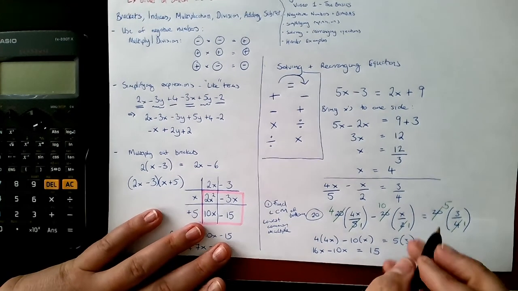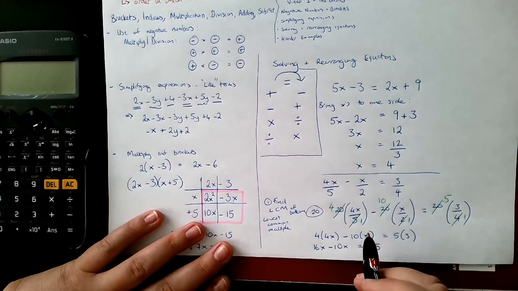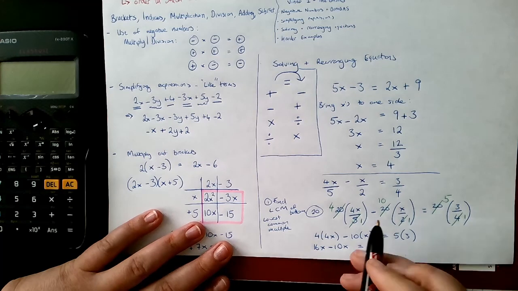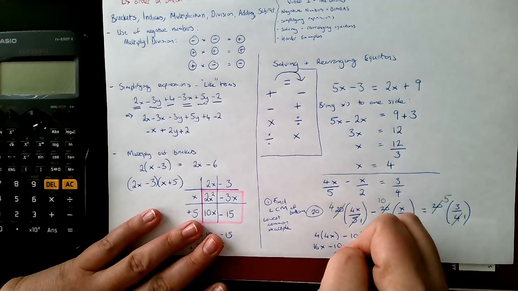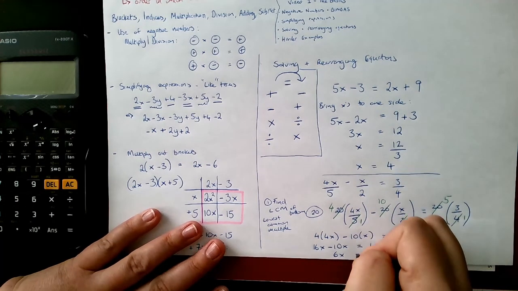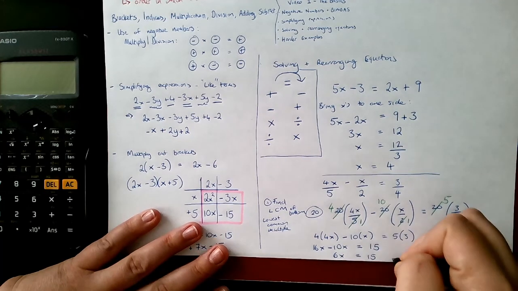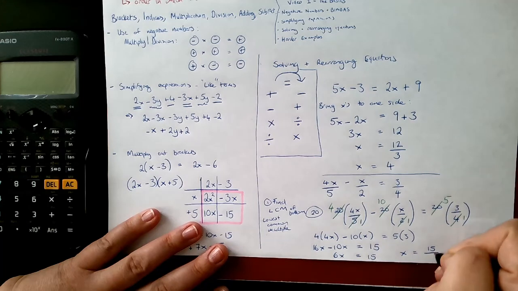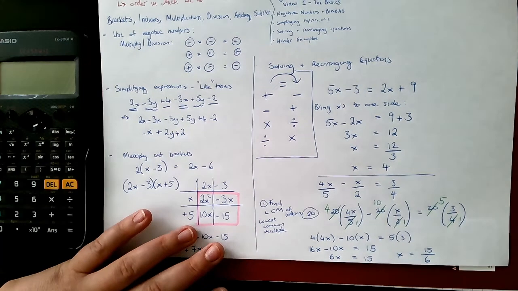And if we rearrange this and solve this, we get 6x is equal to 15. So x is equal to 15 divided by 6.